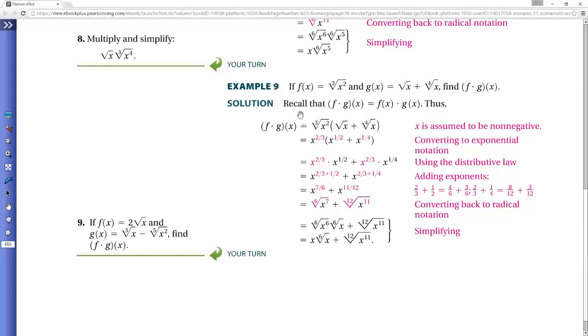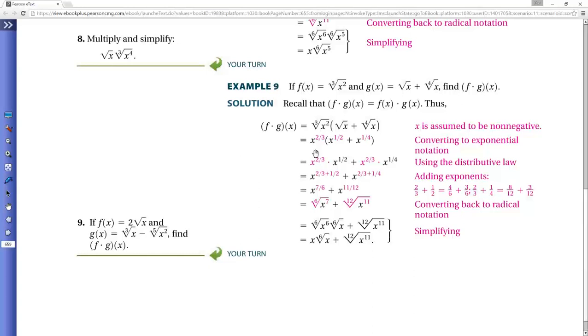Okay. Now we recall that f times g of x is the same as f of x times g of x. In other words, the cube root of x squared, times this. Remember, we need to distribute. Well, they converted all these to exponents, which is a very good plan.